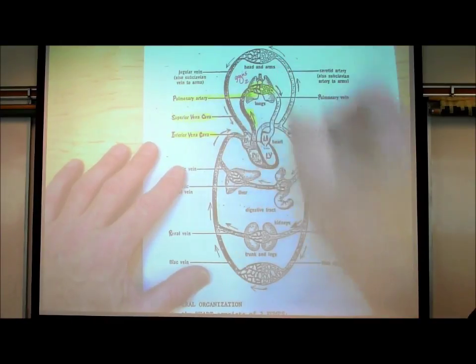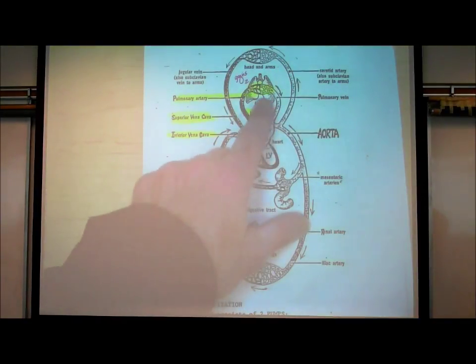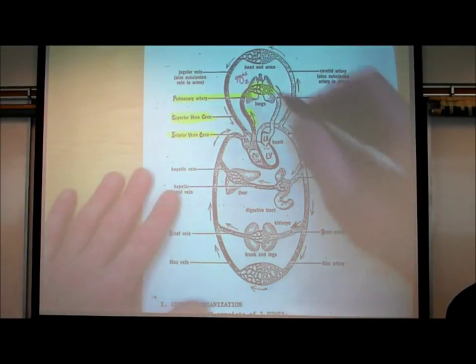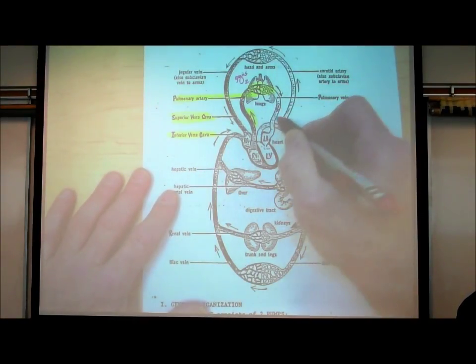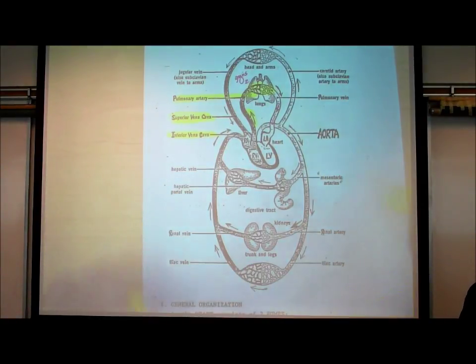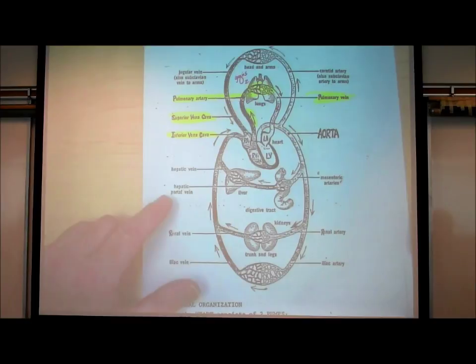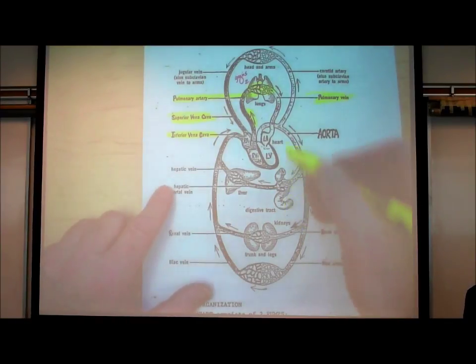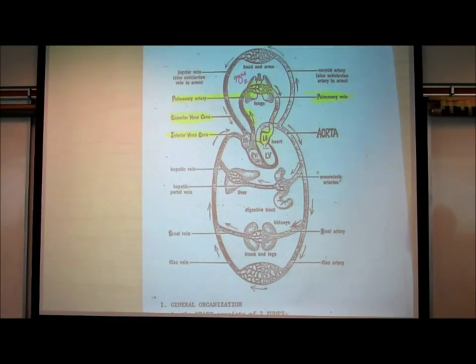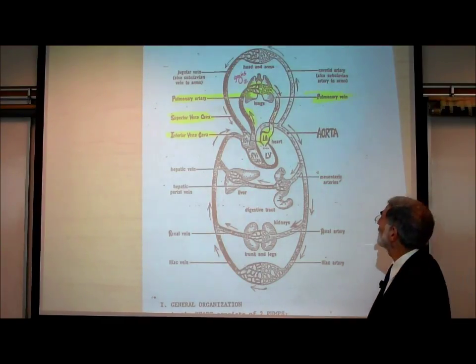Gains oxygen and removes CO2. All right, now, this blood is oxygenated, and it's now flowing through this pulmonary vein. Now, what do veins do? Veins carry blood to the heart, and it is going to the heart. It's going to LA, Los Angeles. Okay, it's going to the left atrium.